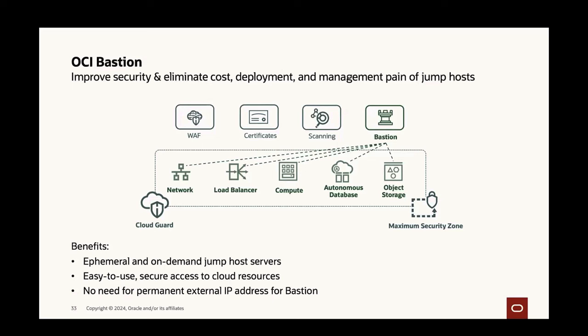These targets can include resources like compute instances, database systems, autonomous transaction processing databases, so resources like that. And bastions are going to be more essential in tenancies with stricter resource controls. So for example, you can use a bastion to access compute instances in compartments that are associated with a security zone, since instances in a security zone.